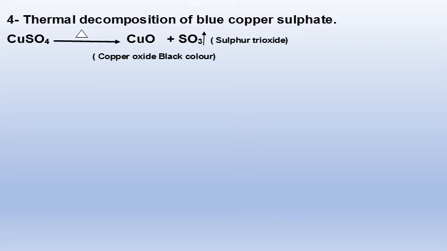This is called blue copper sulfate, CuSO4. By thermal decomposition of blue copper sulfate, it decomposes into its elements, which are CuO, that is copper oxide that has a black color, and SO3 sulfur trioxide, which is an evolving gas.